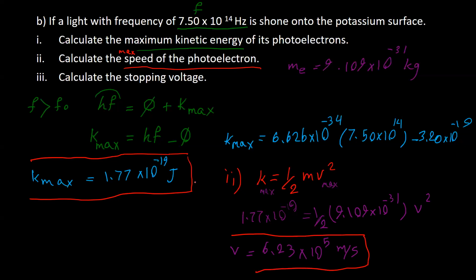The last part of the question is calculate the stopping voltage. Okay, so what's the stopping voltage? If I have a circuit with two plates that I want to name plate A and plate B, and then this circuit is attached to a variable voltage source. Let's say A is potassium.